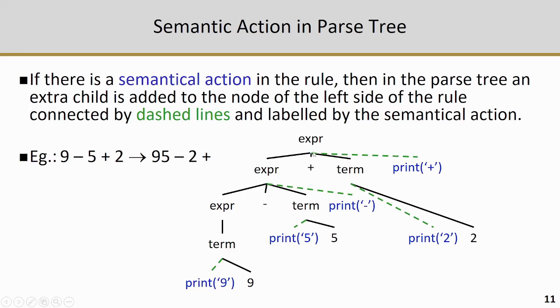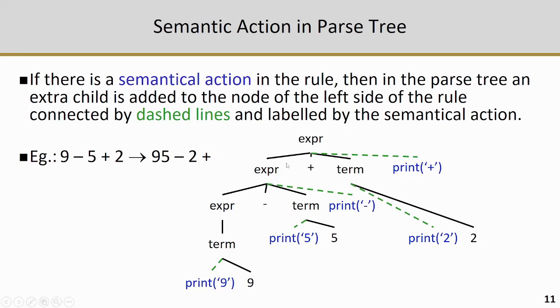So if the semantic actions are included in the parse tree, it can define the order of the execution of the semantic actions, and we can verify if the semantic actions are placed in the right position in the grammar rule. And if not, we can modify the grammar rules. Actually, translation schemes include grammar rules with the semantic actions.